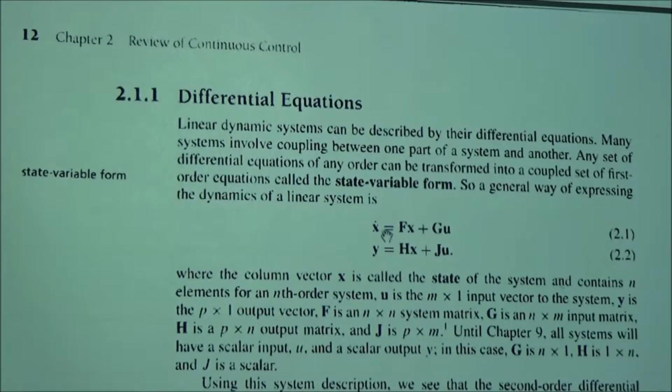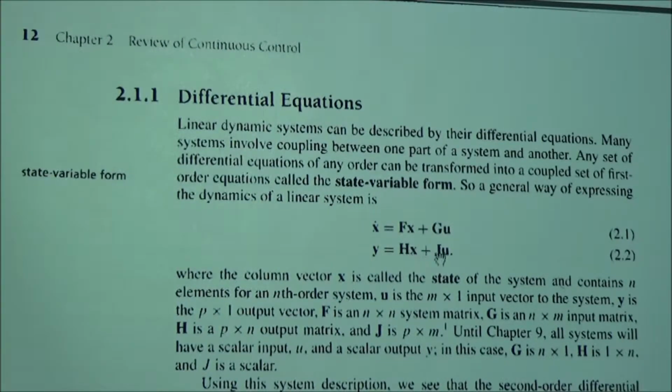Equation 2.1 represents n differential equations, x1 dot, x2 dot, all the way to xn dot. F is the system matrix, n by n, and G is the control input matrix, which is n by m, where m is the number of inputs, and x is the state vector, n by 1.